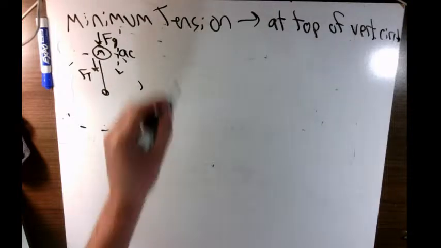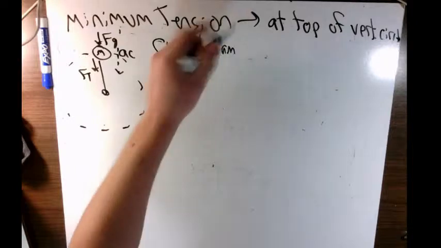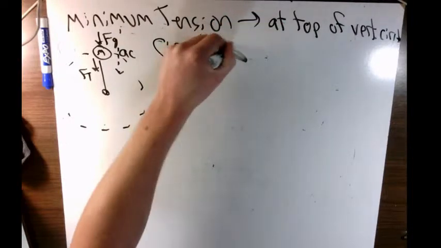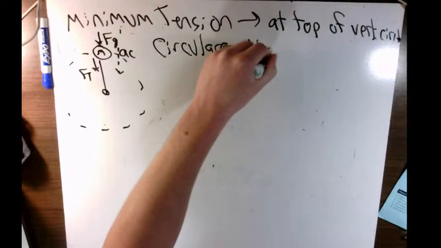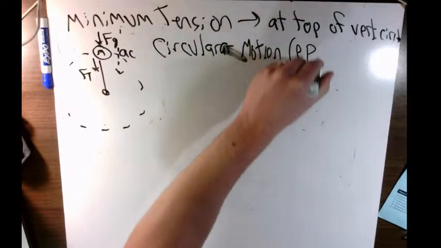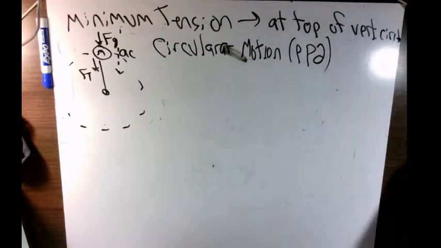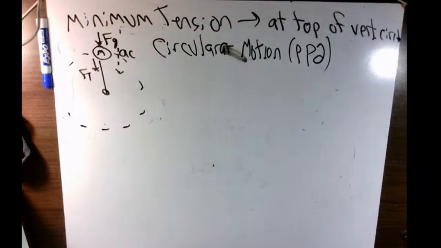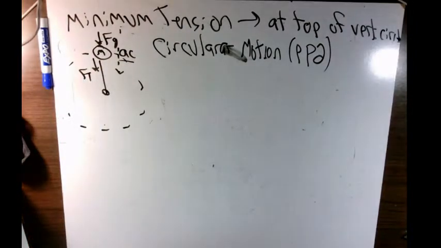So using circular motion, which is one of our principles of physics, also known as principle of physics 2, we are able to look at this in centripetal acceleration, assuming velocity is constant.